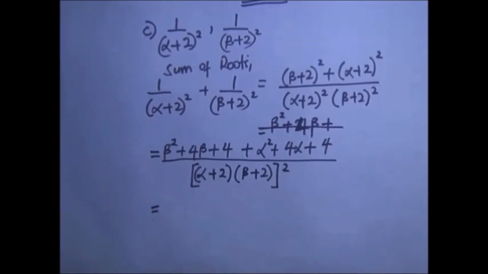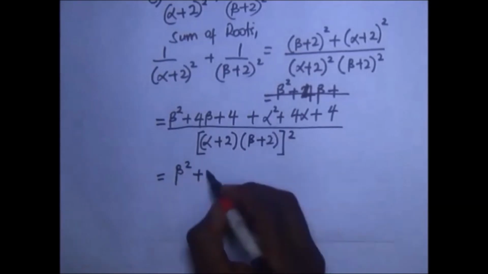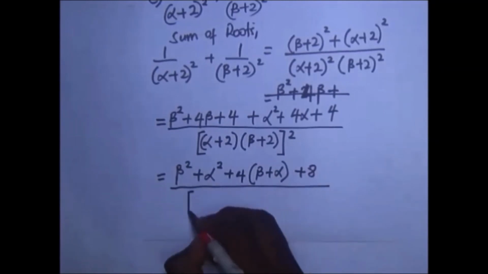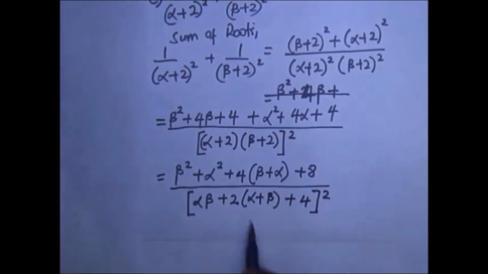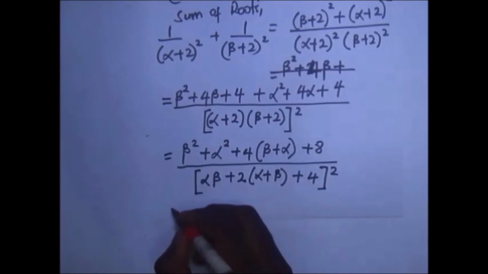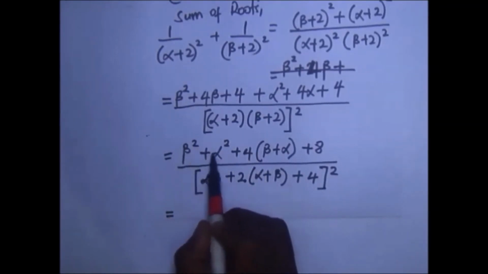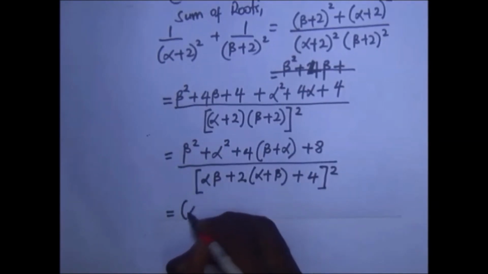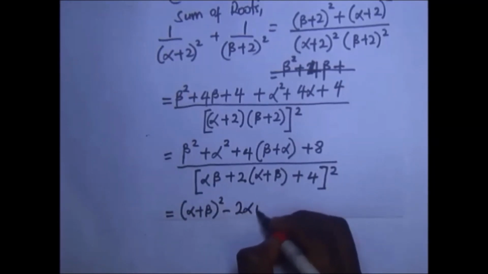So we'll continue with our calculation. After opening those brackets and ending up with that kind of arrangement, we know the expression for beta squared plus alpha squared from our earlier calculations. It gave us alpha plus beta squared minus 2 alpha beta.